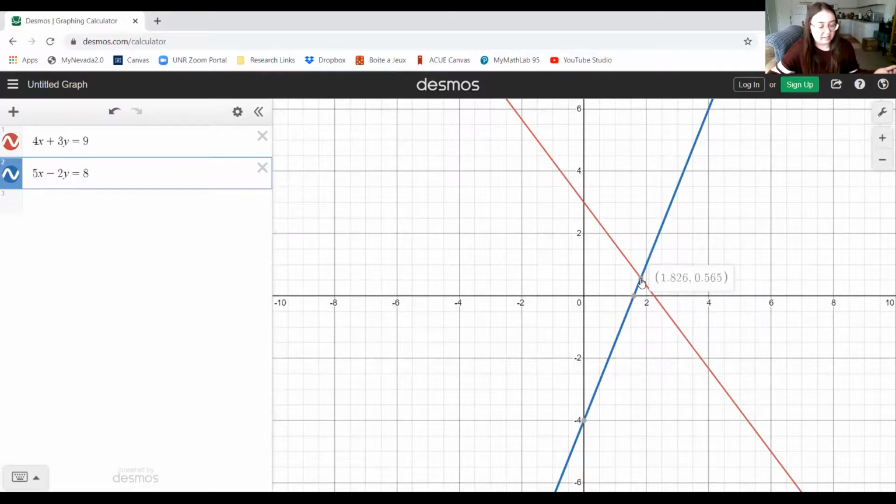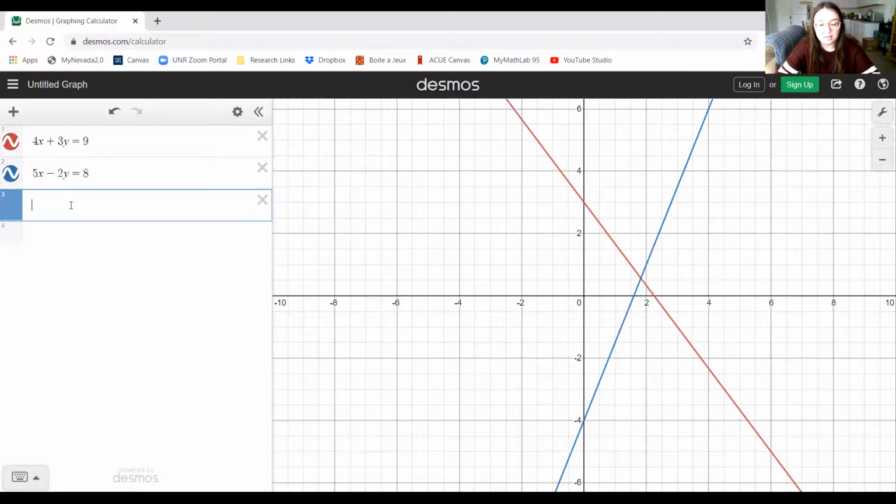Now, if we calculate 42 divided by 23 and 13 divided by 23, or if we divide these numbers and turn them into decimals, we will end up getting these values, which we can just plug in anyway. So we said that x was 42 divided by 23.